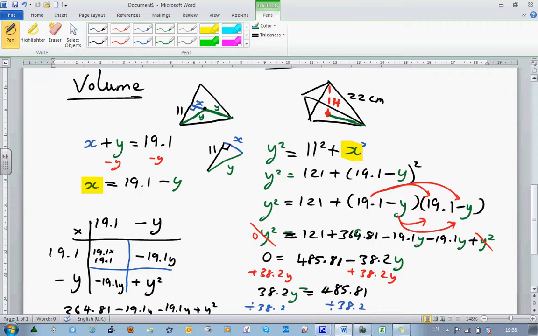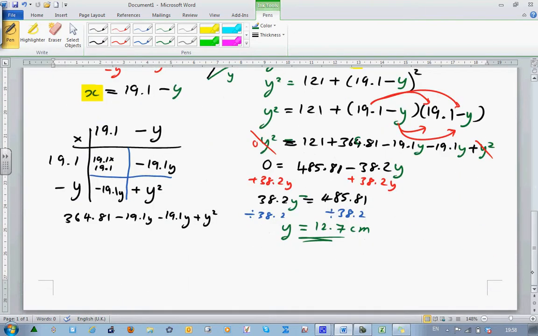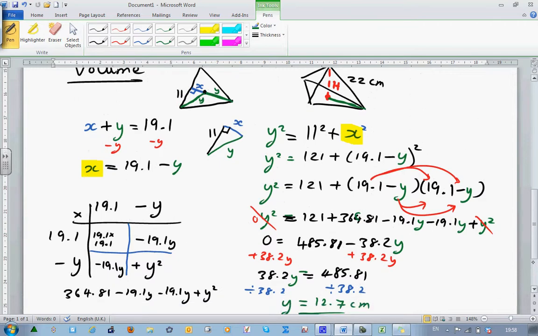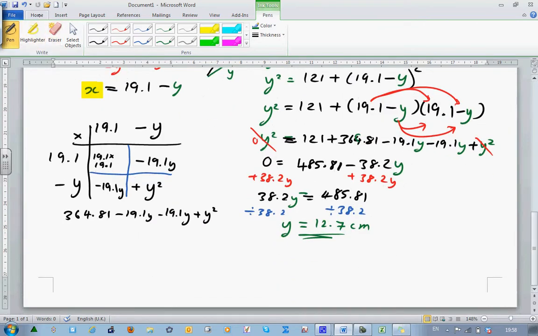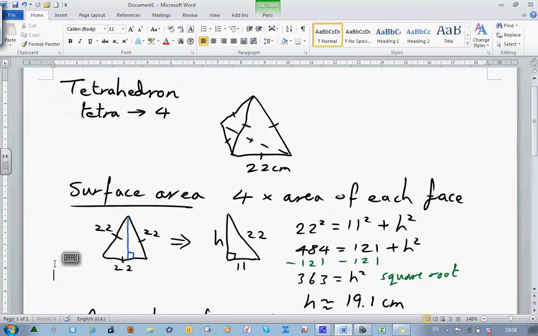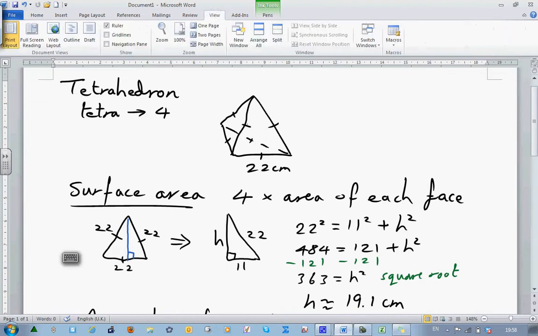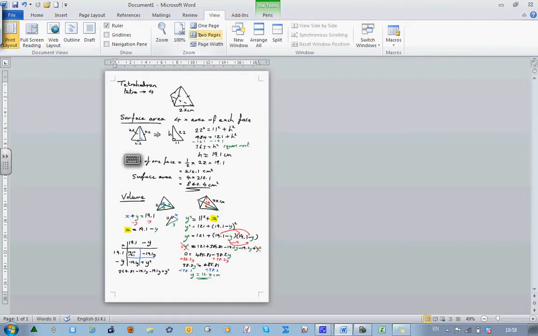Okay. Alright, so let's go back to what we've got. We're now looking at a different triangle. We're looking at the height h, the length that we've just found, and the outside edge of 22 centimeters.